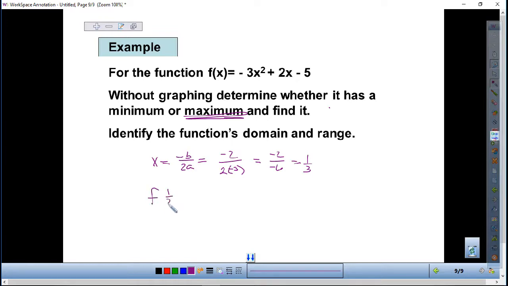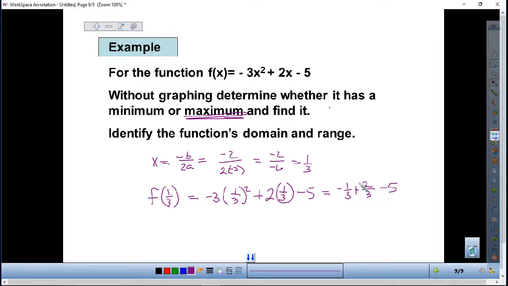So f of 1/3 is going to be negative 3 times 1/3 squared plus 2 times 1/3 minus 5. So 1/3 squared is 1/9 times negative 3, which gives me negative 1/3. When I simplify, 2 times 1/3 is going to give me 2/3 added, and then minus 5.